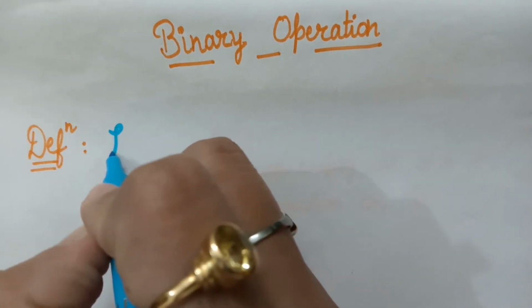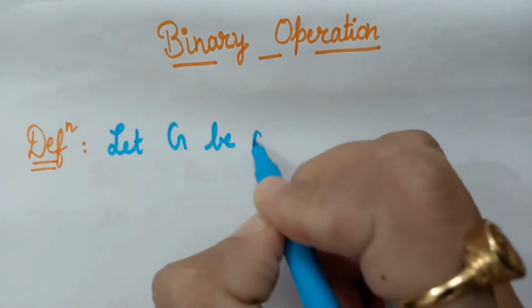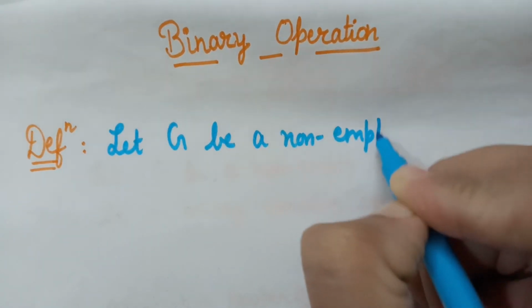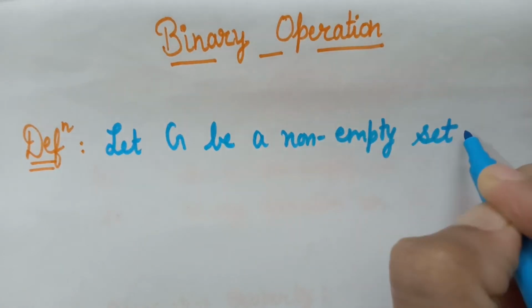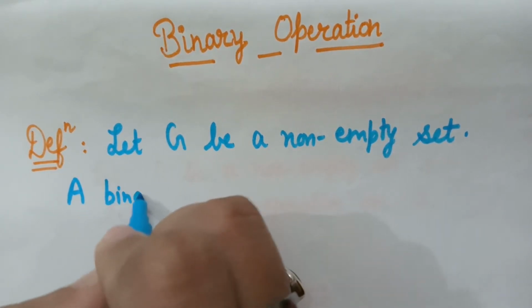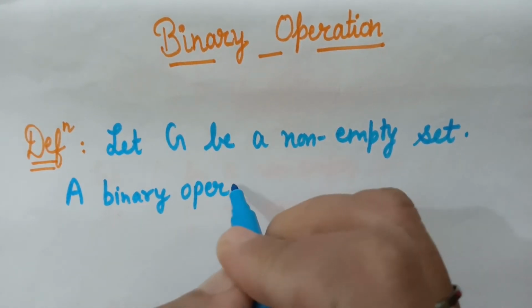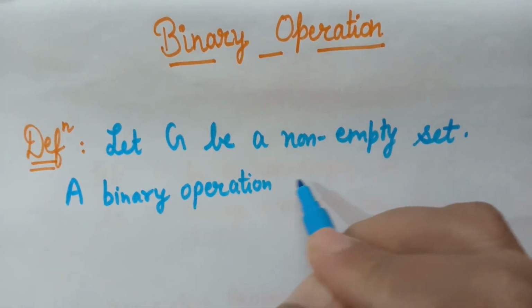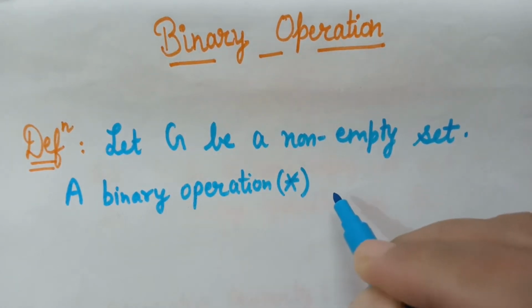Let G be a non-empty set. A binary operation, let us denote this operation with asterisk, and for convenience we may call it star.